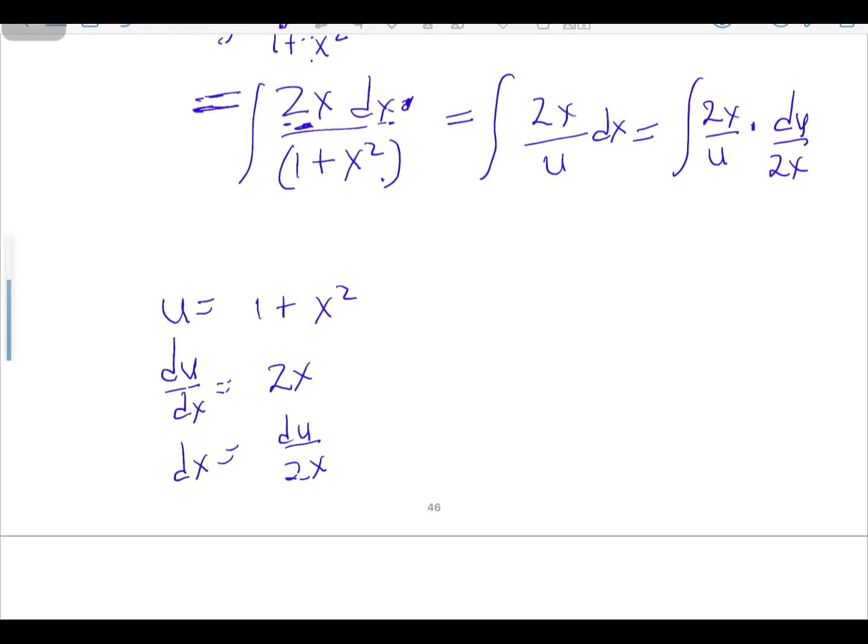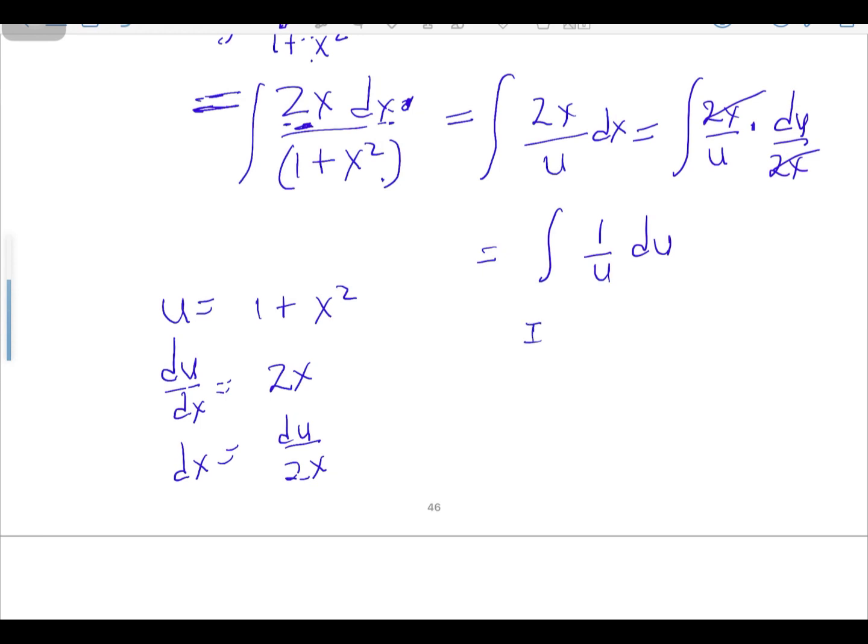Now, we can see that the 2x are common, and therefore we can cancel them out. At the end of the day, we are going to get the integral of 1 over u du. Now, we have everything in one variable, so we can go ahead and do our integration.